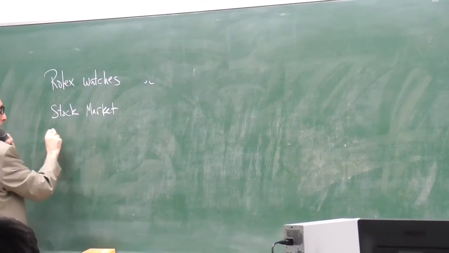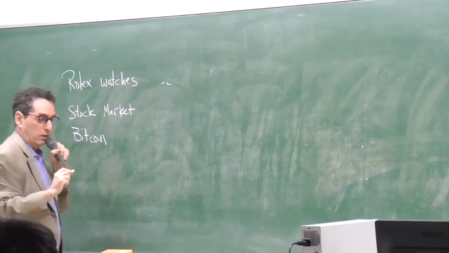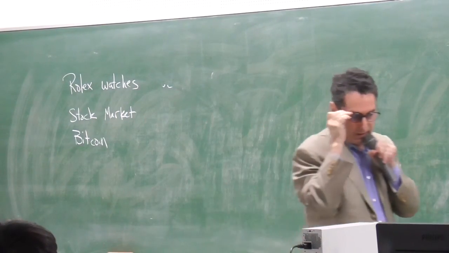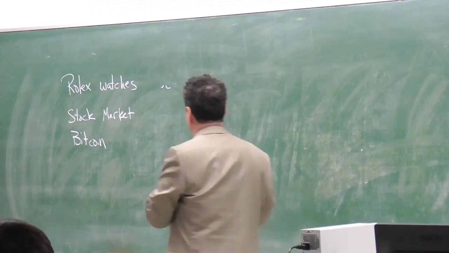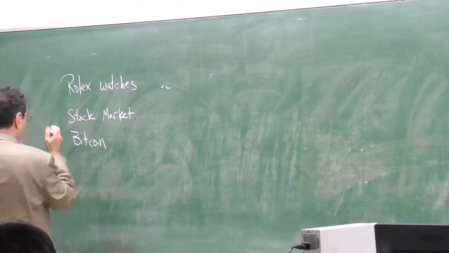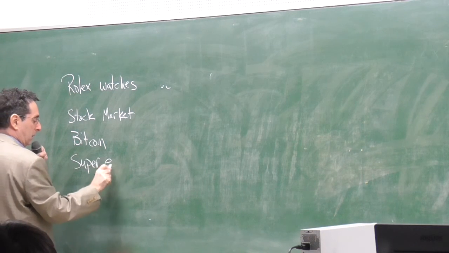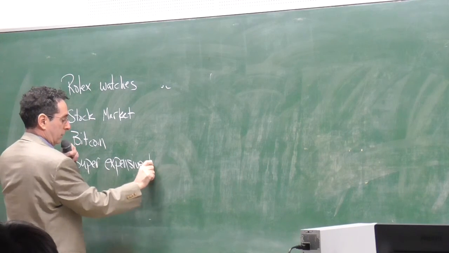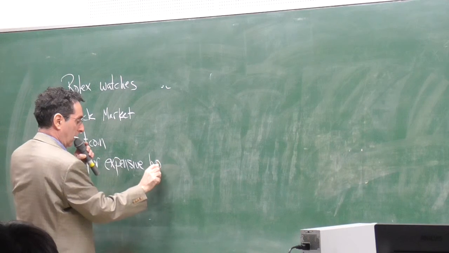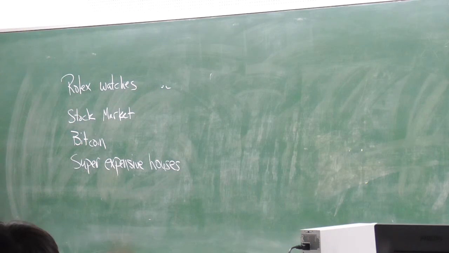And let's also think about Bitcoin, a little bit more current. And also super expensive houses. Okay, just wanted to write this down to remind myself what I want to talk about.